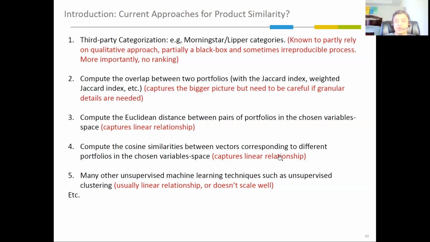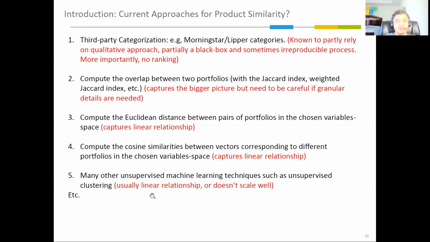Again, no non-linearity here. There are many other unsupervised machine learning techniques that have been explored to identify similar portfolios or similar mutual funds.